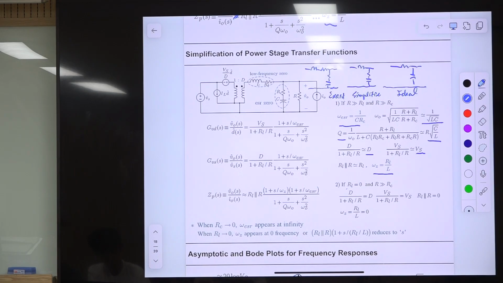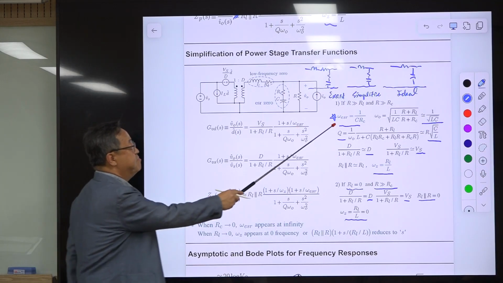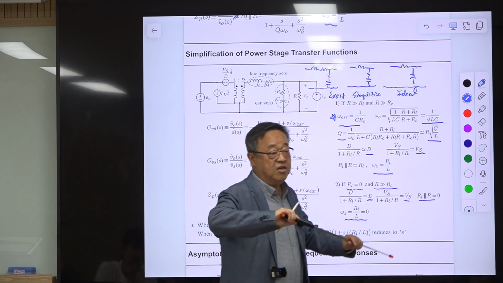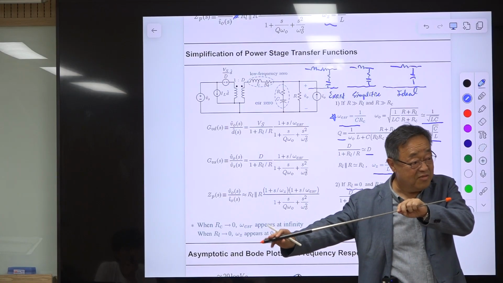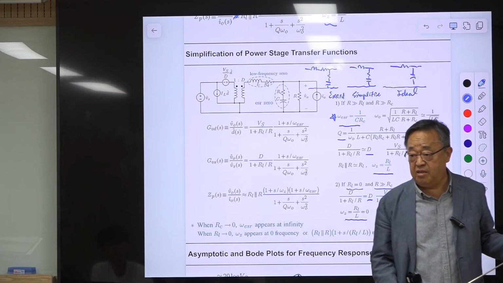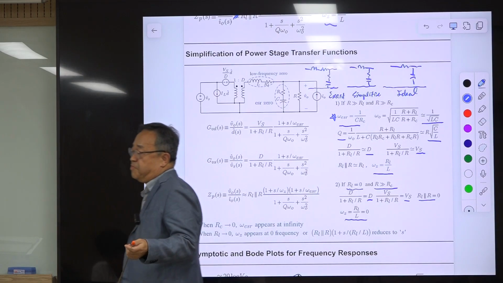When you assume this RL is 0, but RC is small and still there, this is the same exact expression. This is a 0 and this is a 0. Because RL is 0, this omega ESR is still there. So this is important. If you ignore this, you are kicking out one slope increase, which is substantial in your analysis and the prediction.